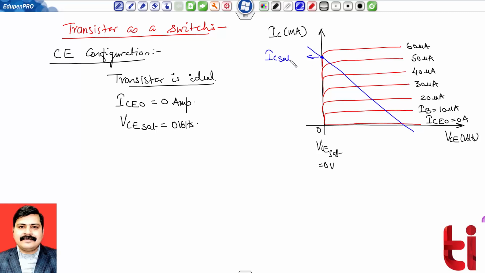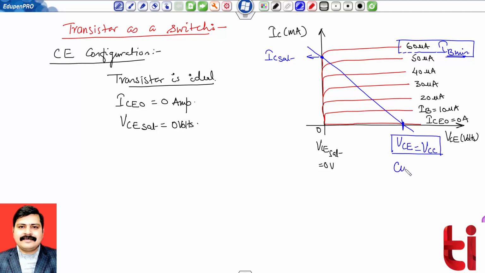IC sat. So I can say that somewhere over here I have a value of IB min, the minimum base current required to make my transistor work in the saturation region. This particular segment is my VCE cutoff region, or I can say that this is my VCC.